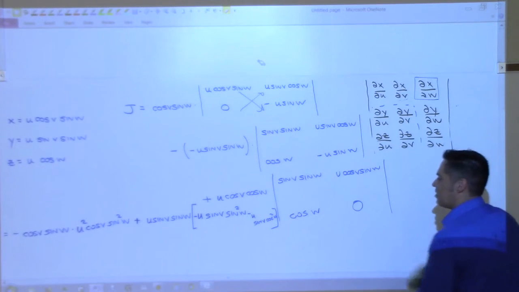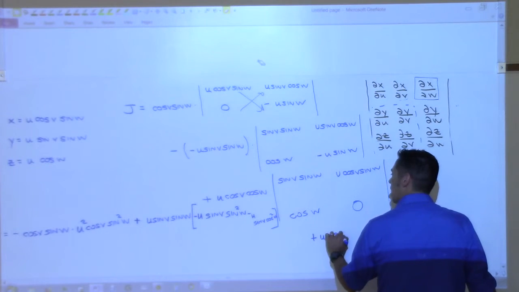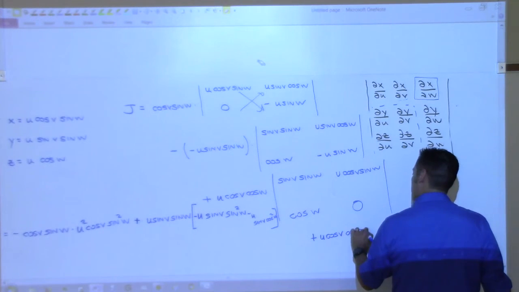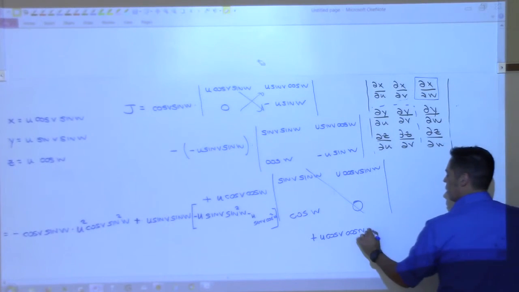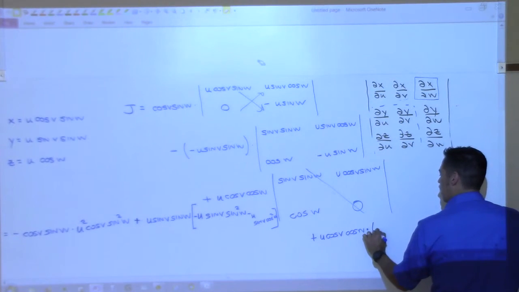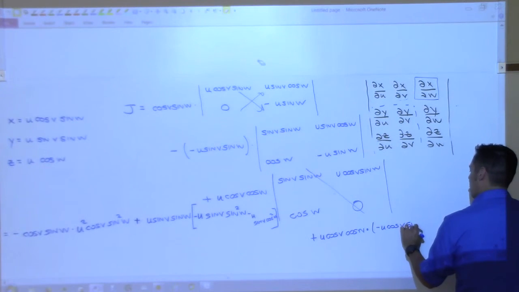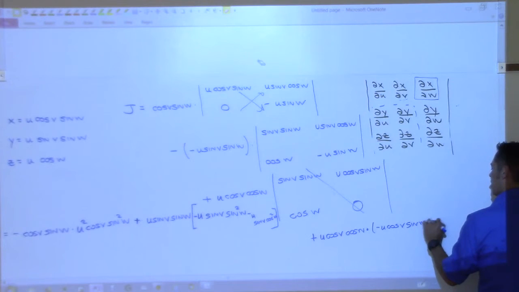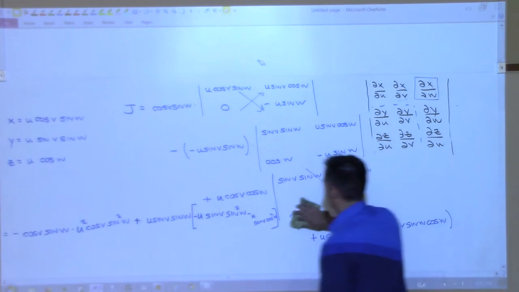And then we have this last one, which is plus u cosine v cosine w. And then this one is gone, right? The other one is minus u cosine v sine w cosine w. Okay, get rid of this now.